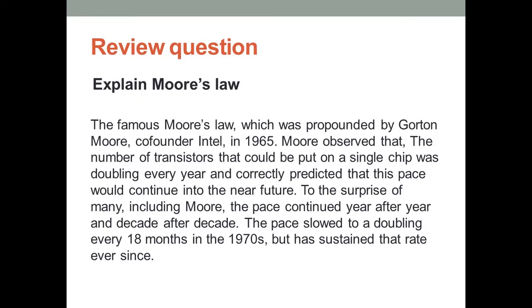To the surprise of many, including Moore, the pace continued year after year and decade after decade. The pace slowed to a doubling every 18 months in the 1970s, but has sustained that rate ever since.